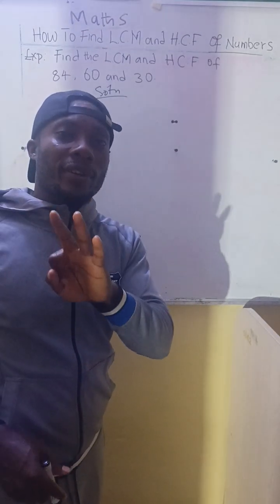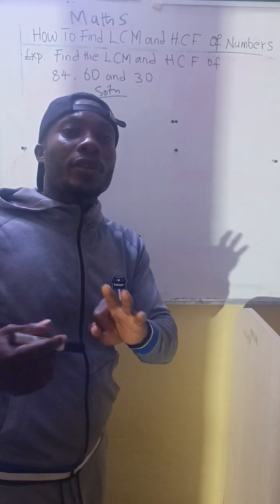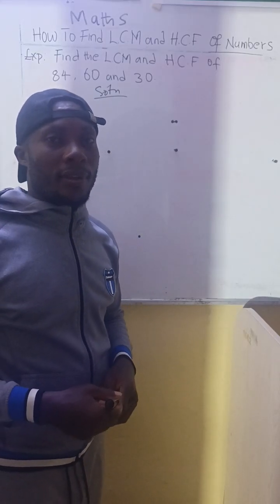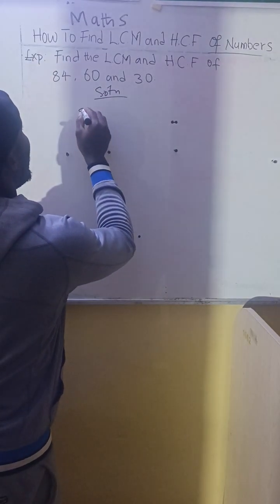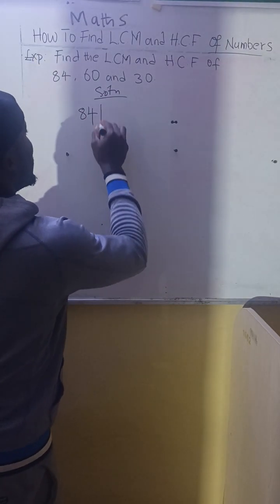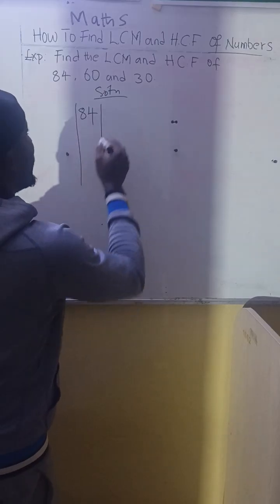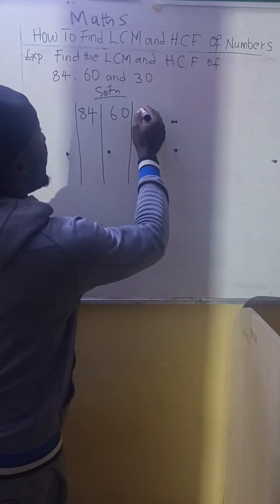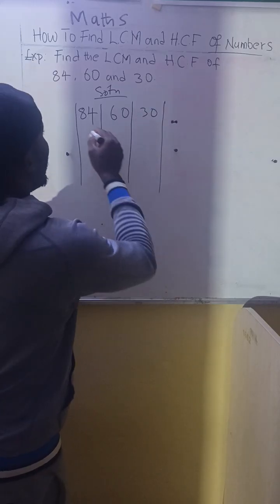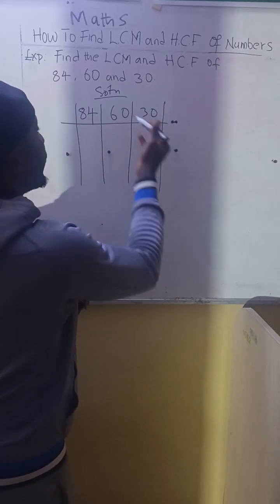So we have 3 numbers there, which means we are going to draw 3 columns. We have 84, we have 60, and we have 30. So we are going to draw the columns in this way.